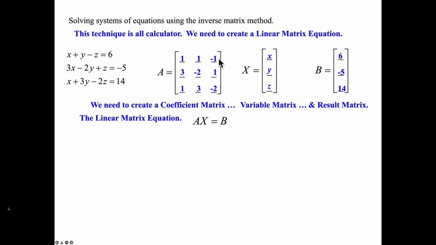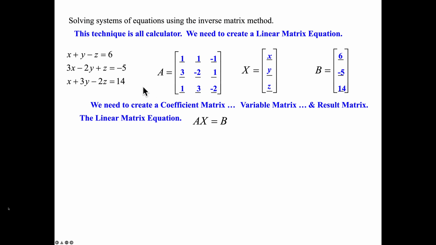Row 1 times this column has to equal 6. 1x plus 1y plus a negative 1z equals 6. That's this equation. 3 times x plus negative 2 times y plus 1 times z equals negative 5. Second equation. 1 times x plus 3 times y plus negative 2 times z has to equal 14.